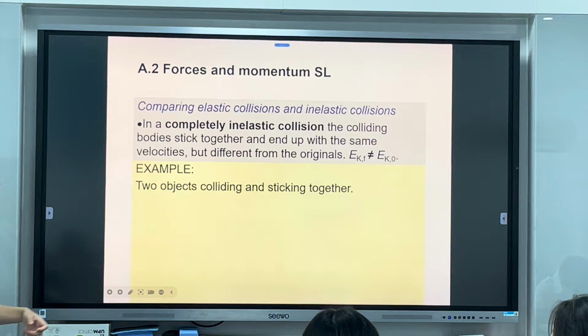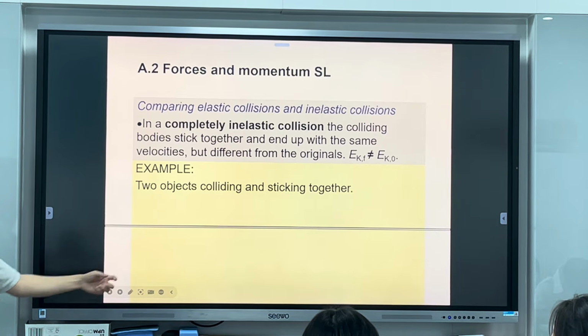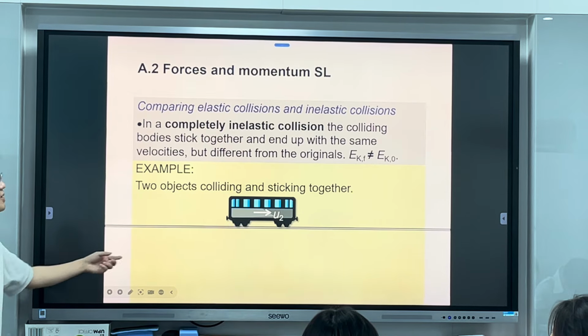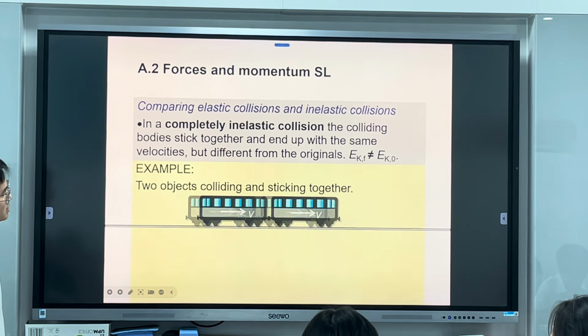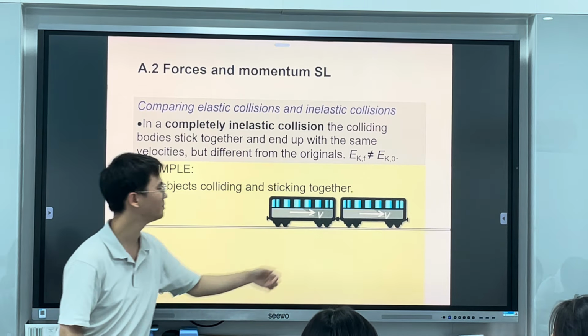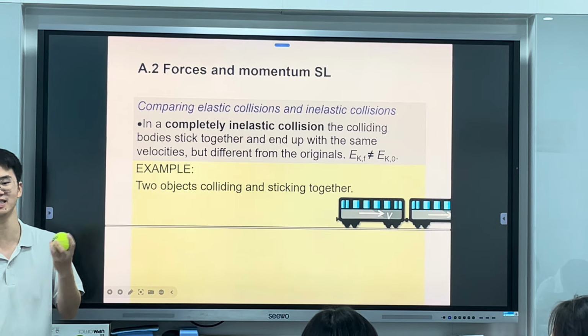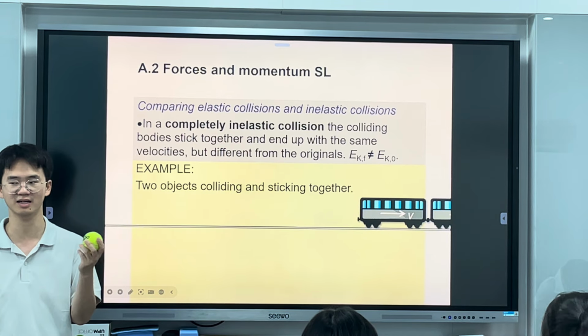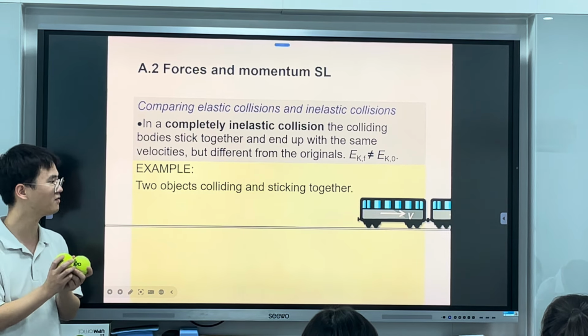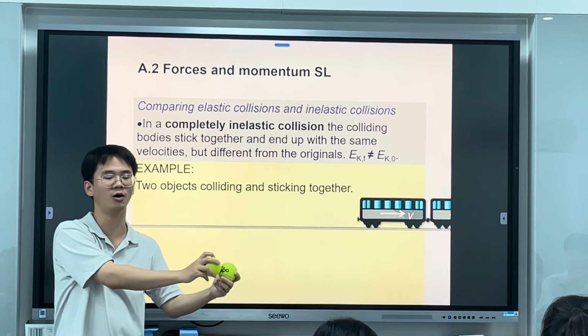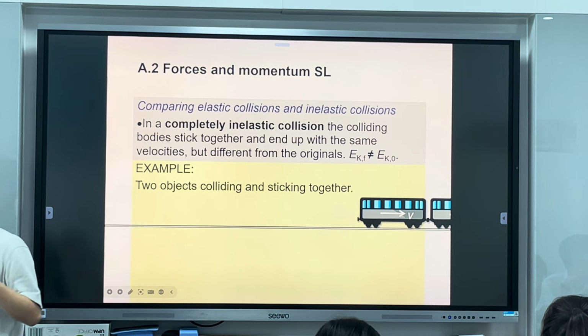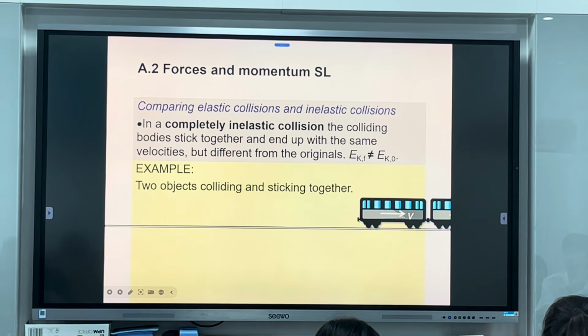So an example would be two objects colliding and sticking together. Maybe it's a magnet, maybe it's a sticky thing that keeps them stuck together. Whatever, as long as after the collision, they stick together and move as a whole, then this is a completely or perfectly inelastic collision.